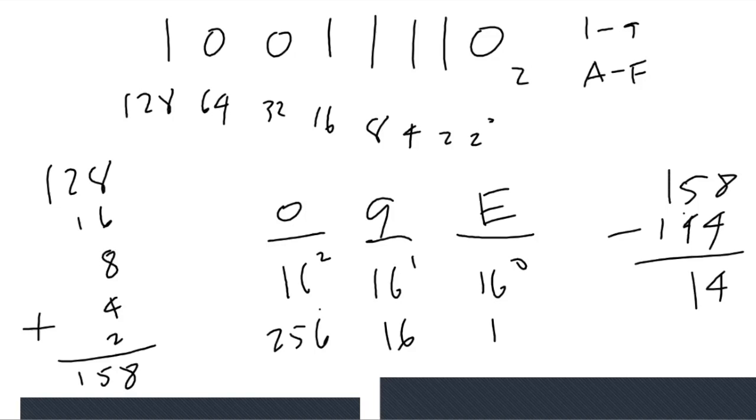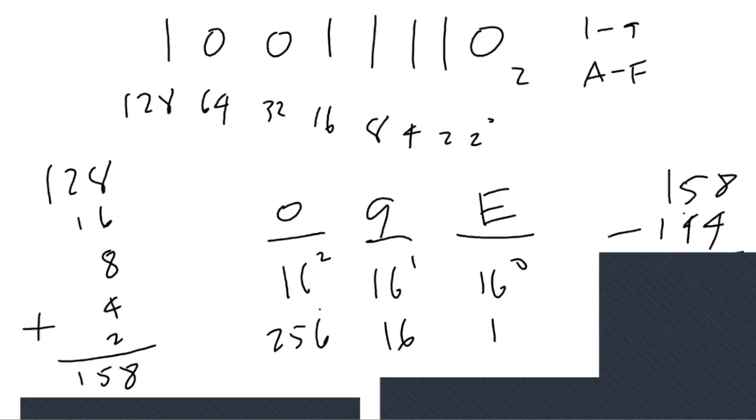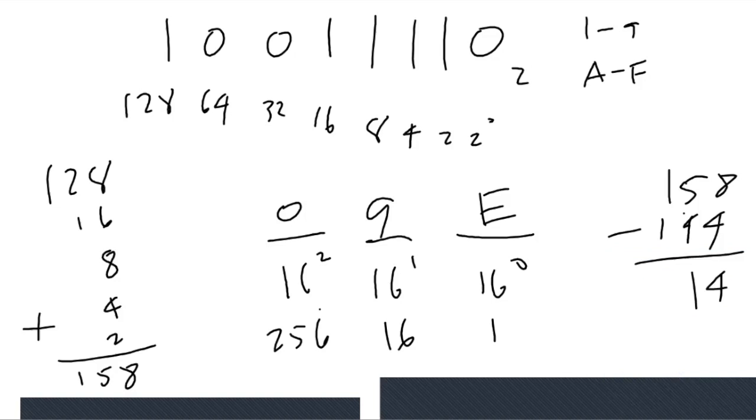There is an easier, faster way to do this when you're going from base 2 to hexadecimal. We'll do this exact same example on another page.